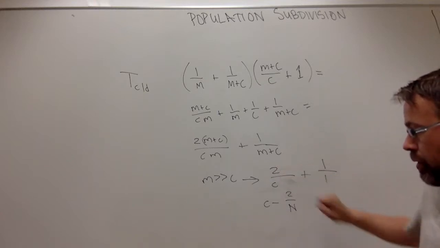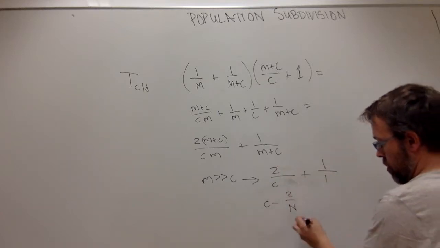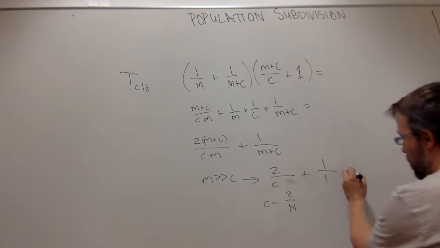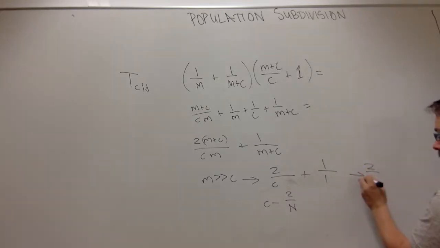So then if we take 2 divided by c, we get 2 divided by n over 2, which is equal to n. So we get this value plus 1, which is equal to n plus 1.